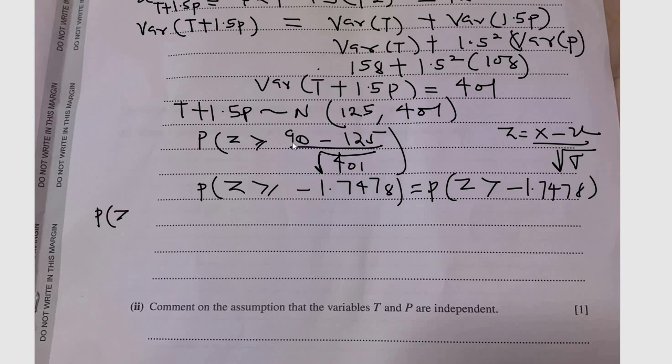And the probability of Z greater than minus 1.7478 is 1 minus phi of 1.748, which is 1 minus phi of 1.7.